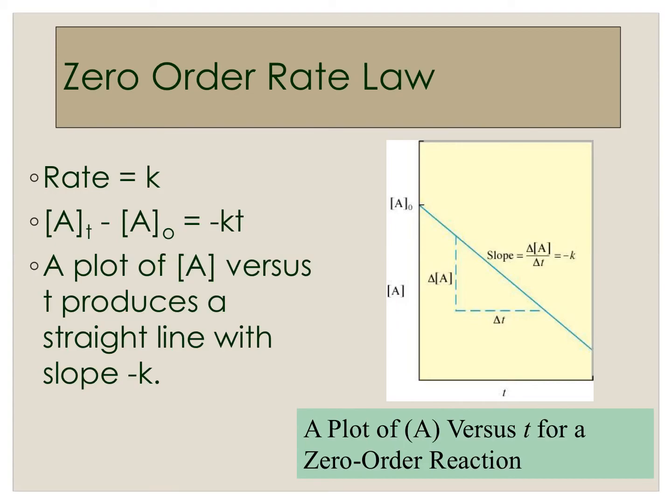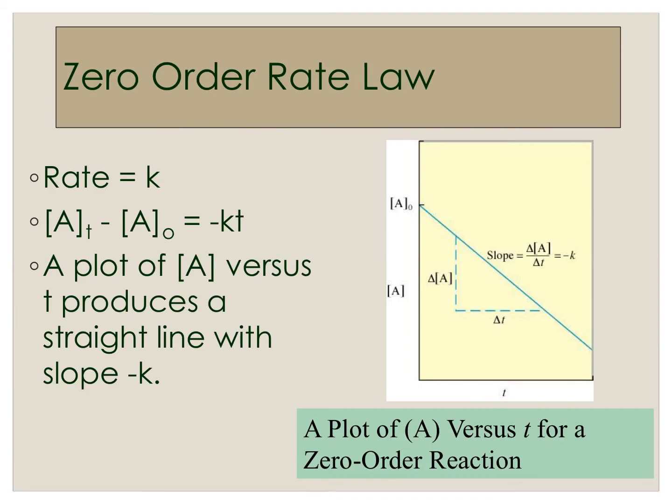Unfortunately, the AP test does not give you the zero order integrated rate law. But because they give you the first order rate law that looks exactly like this, all you need to remember is to change the one you have been given that has ln of [A]t minus ln of [A]0 and just get rid of the ln. Now you have zero order.